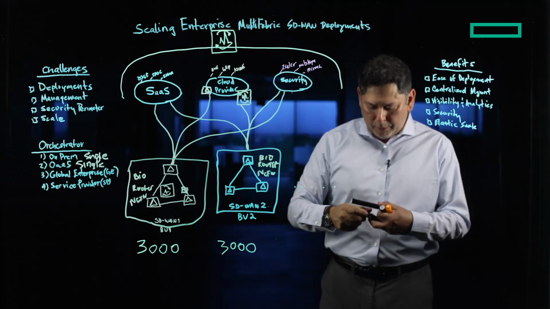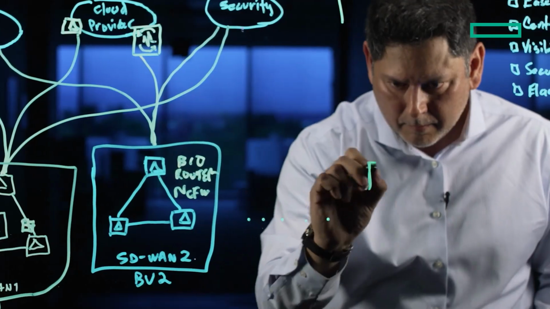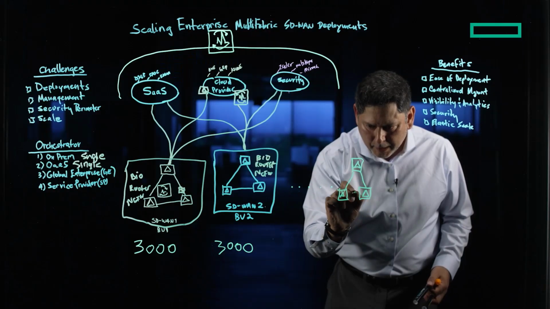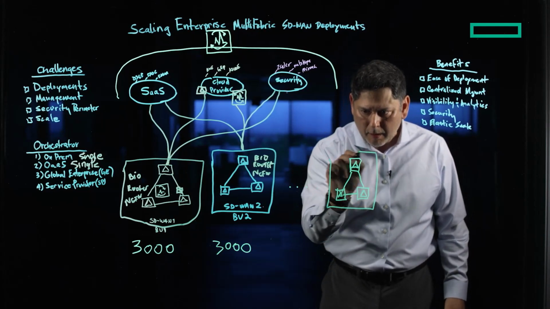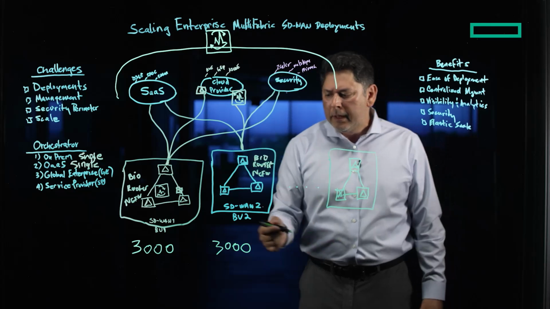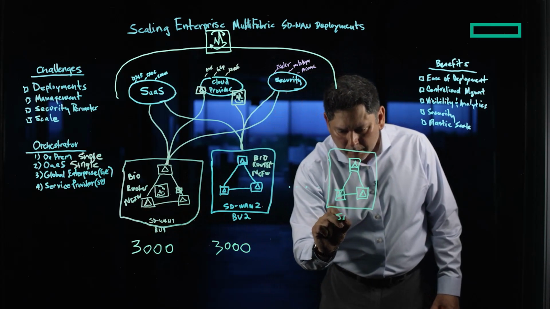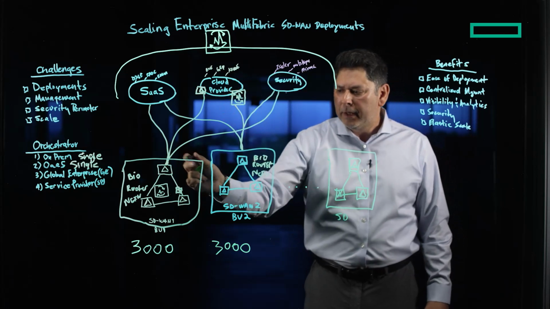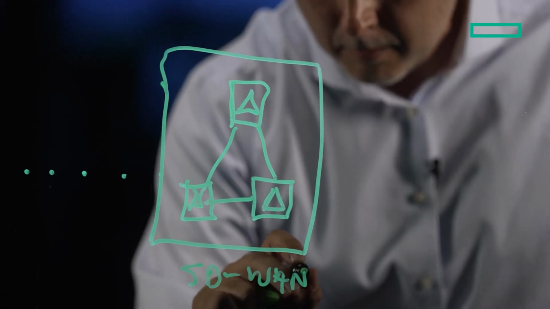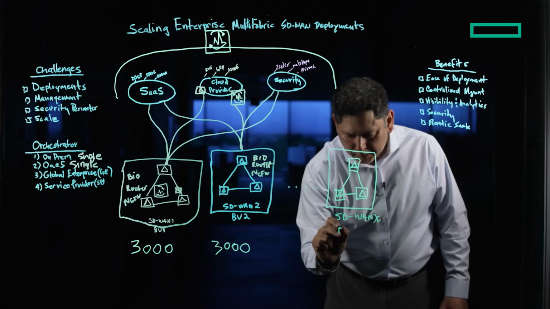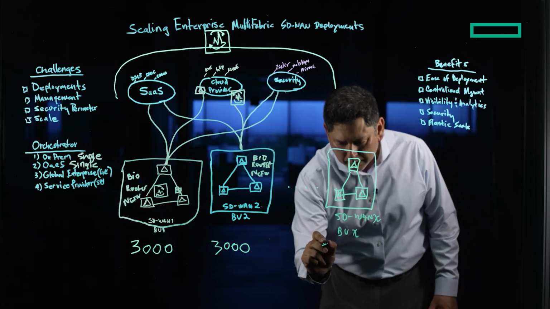So now as we increase this configuration here, there are different ways that we can treat this within our multi-fabric network. We can take these as separate SD-WANs if we wanted to and have multi-tenant capability for this multi-fabric here, or several of our customers have decided to configure this with different business units, right?